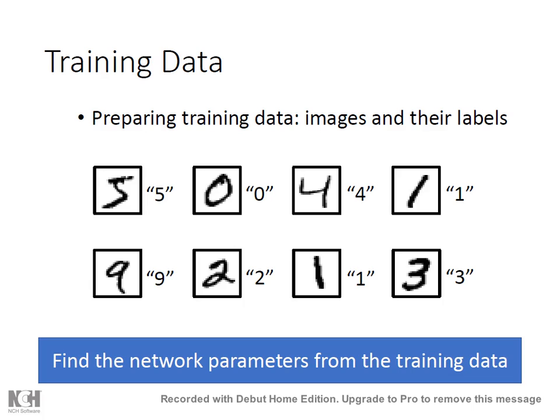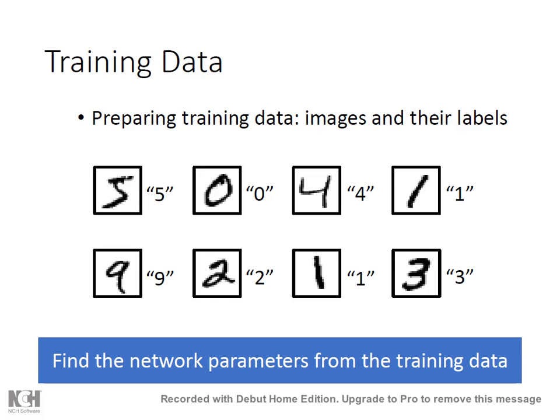So we have to do the training to let the neural net learn how to build a very accurate model. Here we prepare training data: the images are actually the vectors in this data set, the raw data, and their labels.